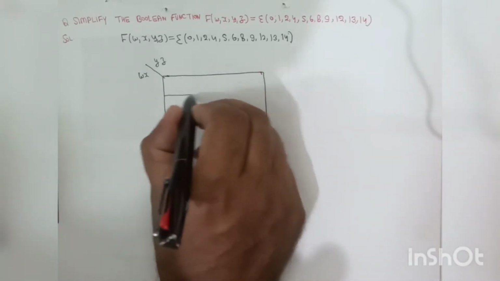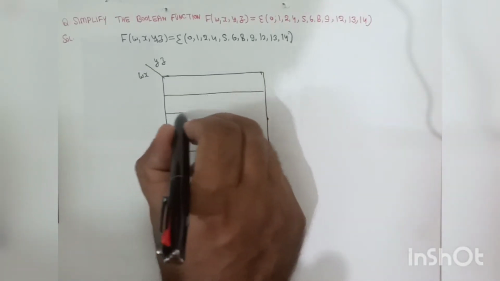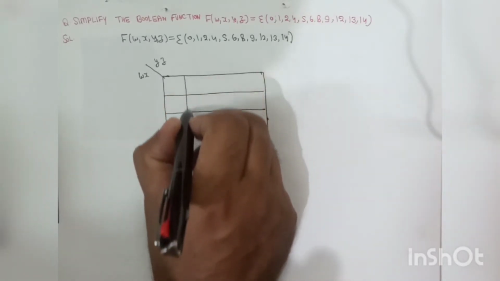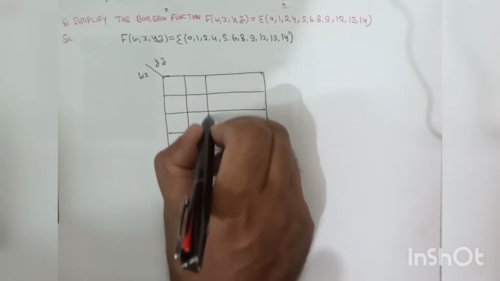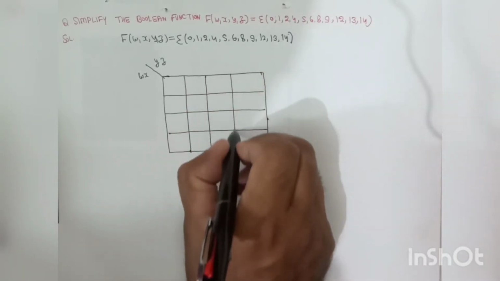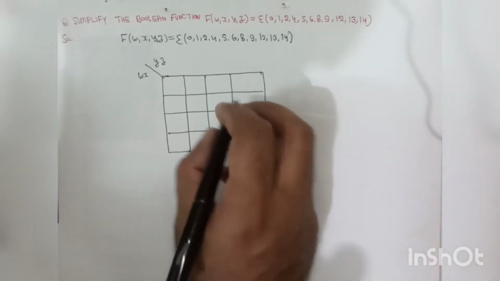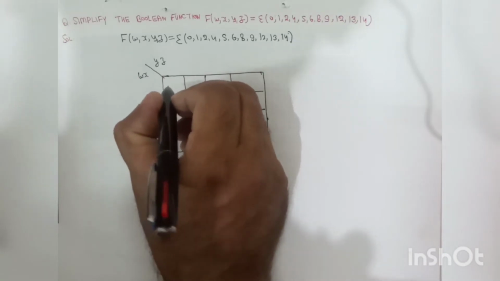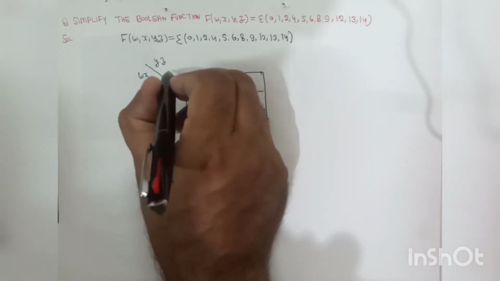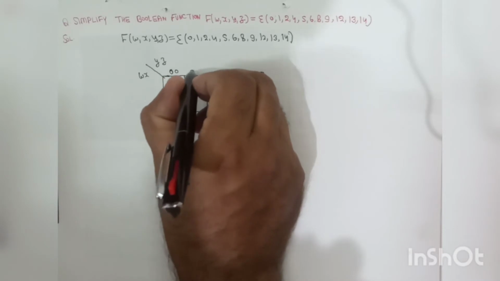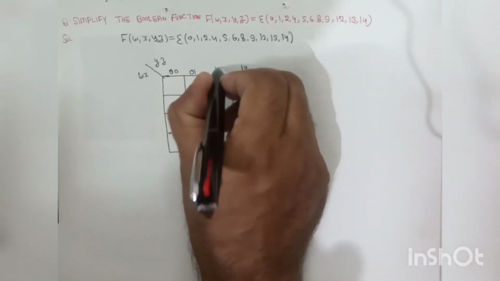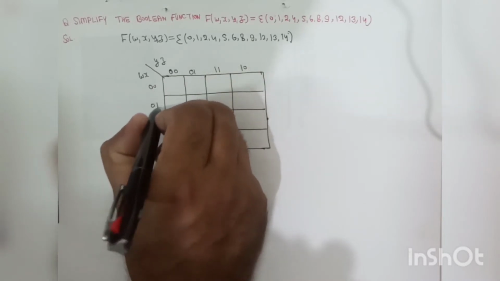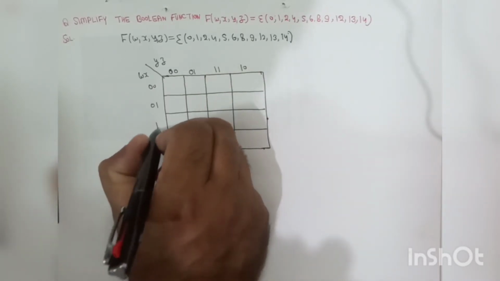So there will be four rows and four columns. Let us draw. For wx it will be 00, 01, 11, 10, and for yz it will be 00, 01, 11, 10.